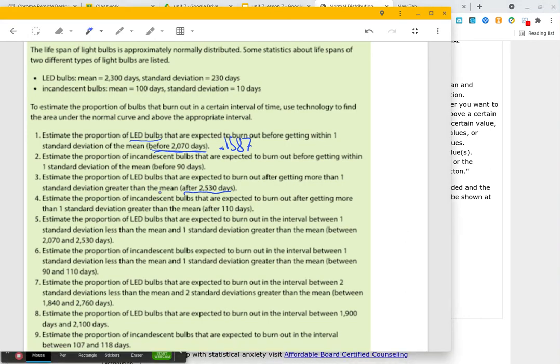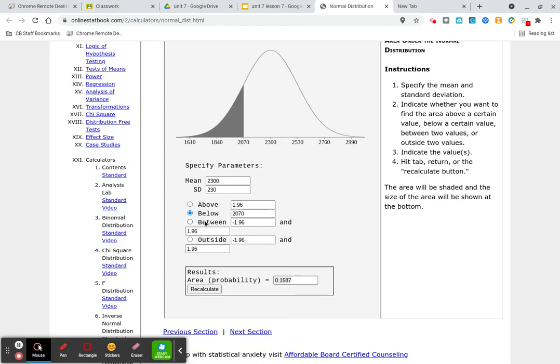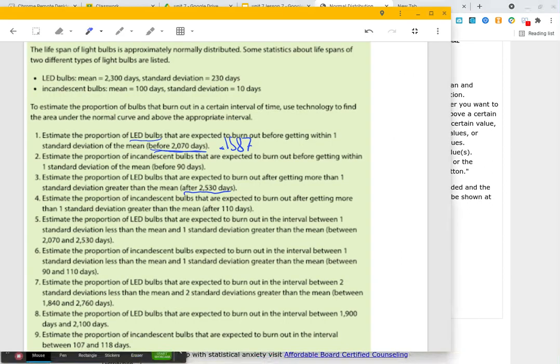But now we're looking for after 2,530 days. So that's going to be above 2,530. So I'm going to choose above 2,530. Notice I get the same answer. That is just a coincidence. So 0.1587.